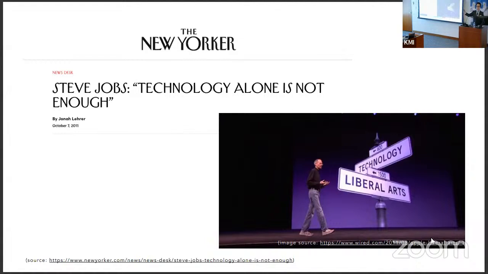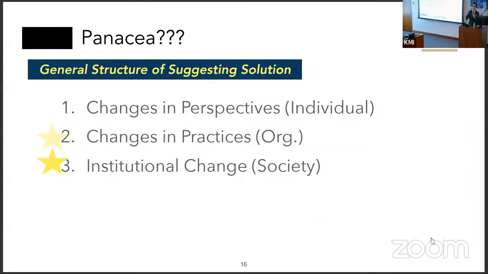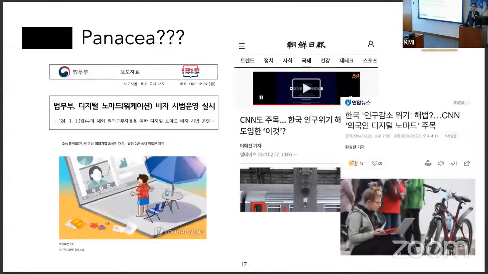Whenever Apple's product team generates new ideas for products, they position themselves at this intersection between technology and liberal arts. So how can we apply this while following these 3 steps?